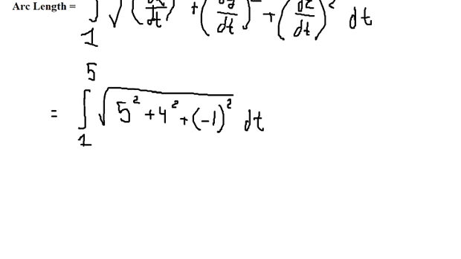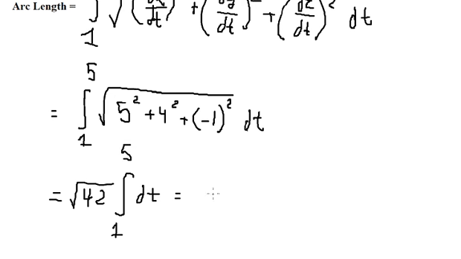This one, we have the square root of 42, and we have the integration from number 1 to number 5 dt, and now we have the final answer.